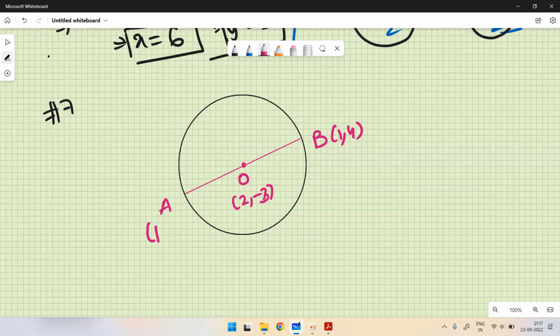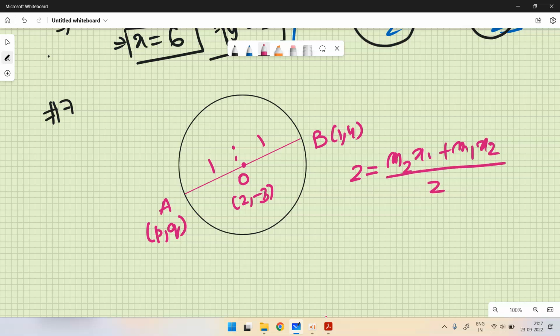Now you know that AB is a diameter of the circle with the given center. O divides AB into equal parts, that is radius and radius, so it is divided in a 1:1 ratio. So 2 is nothing but (m2 x1 + m1 x2) / (m2 + m1).